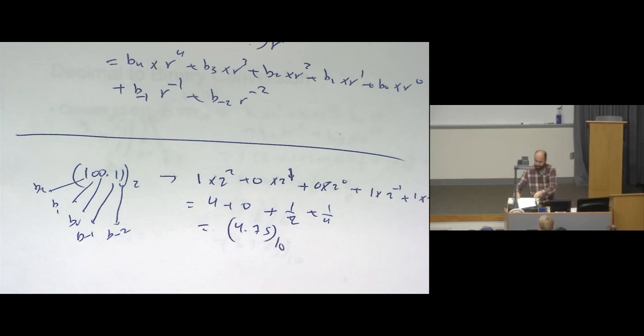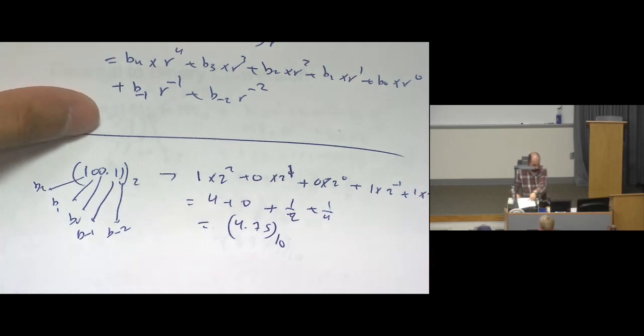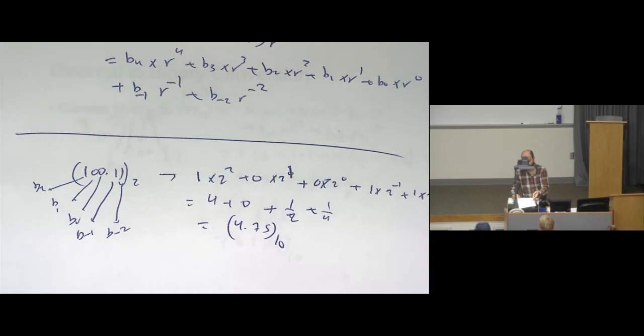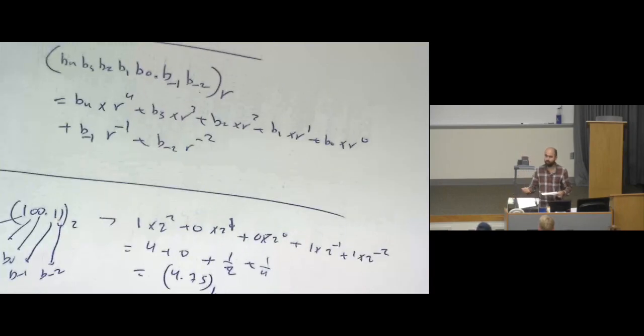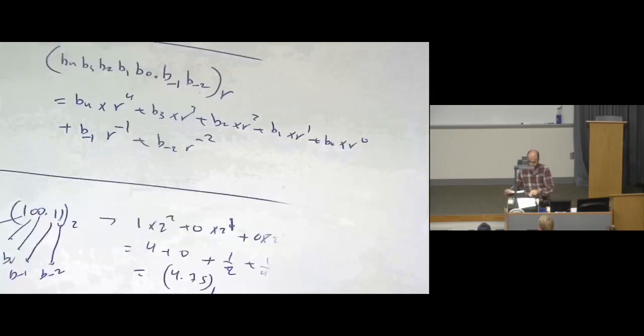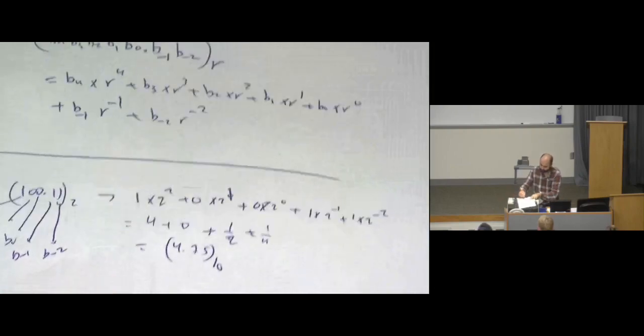Okay, now, how about conversion from hexadecimal to binary, or hexadecimal to decimal? How can we make this conversion?